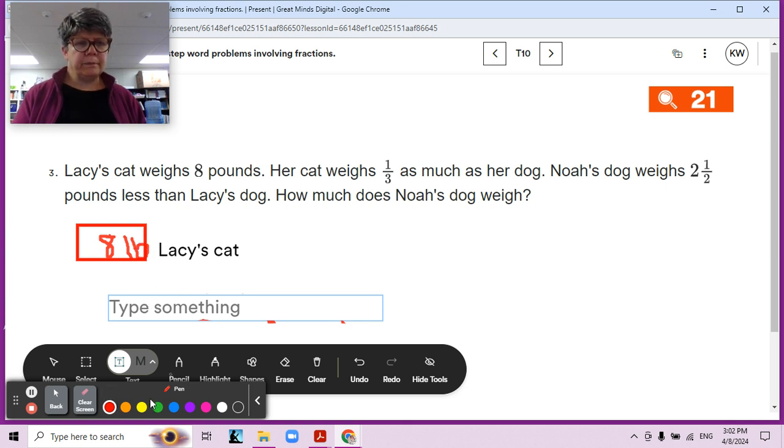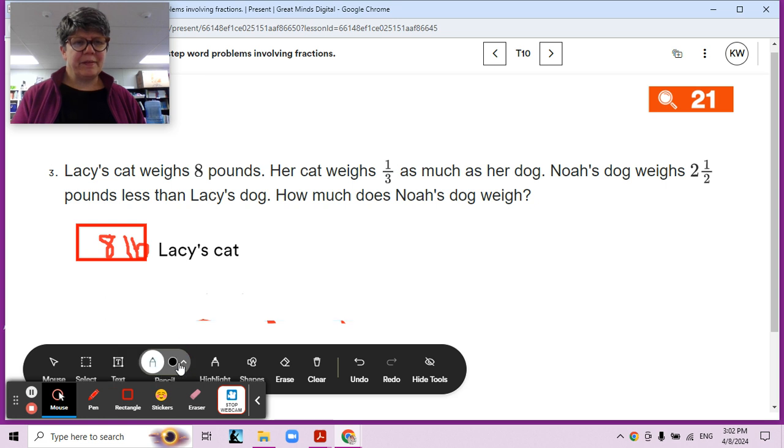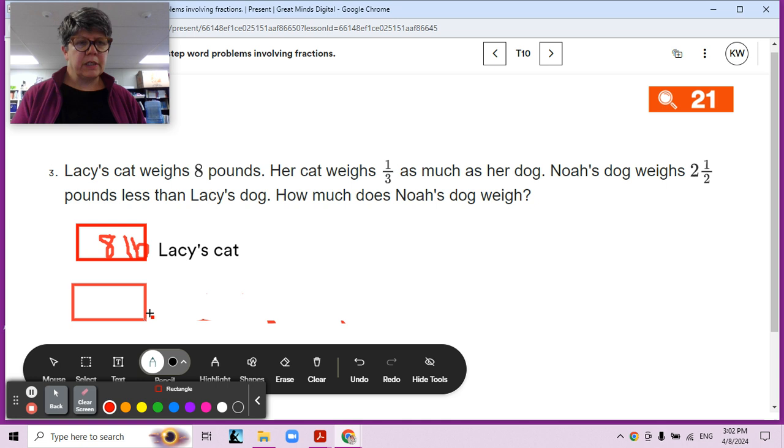And then let's try and do better on our tape diagrams. Now I have 2 sets of tools. It's kind of challenging. All right, here we go. So her cat is 1/3 of her dog. So instead of trying to make the cat 1/3 of the dog, I can just make the dog 3 times the cat.